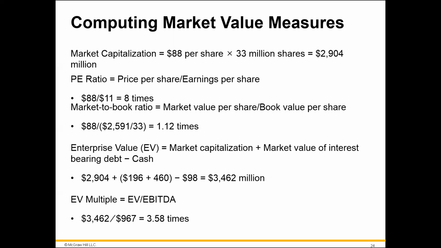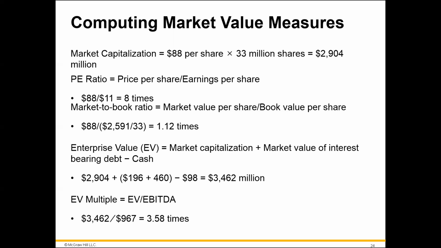Finally, we can get the EV multiple, which is called the EV/EBITDA ratio: enterprise value over EBITDA, right? That is 3.58 times for our example.